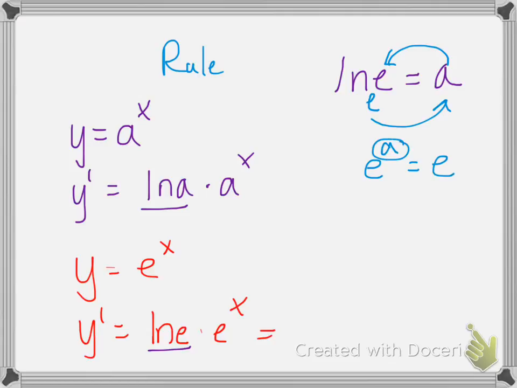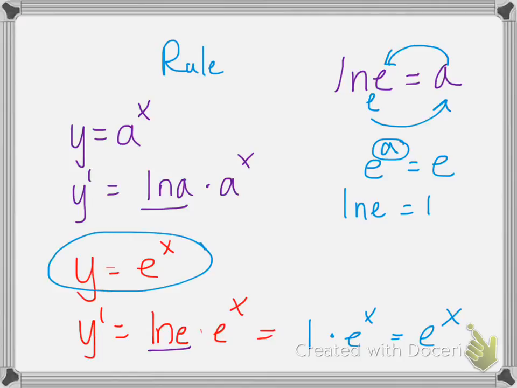We're trying to find a. a is just 1. And so that tells me that natural log of e is 1. So down here, on natural log of e times e to the x, natural log of e is 1, and then we leave our e to the x. So what we find out is that the derivative of e to the x is itself.